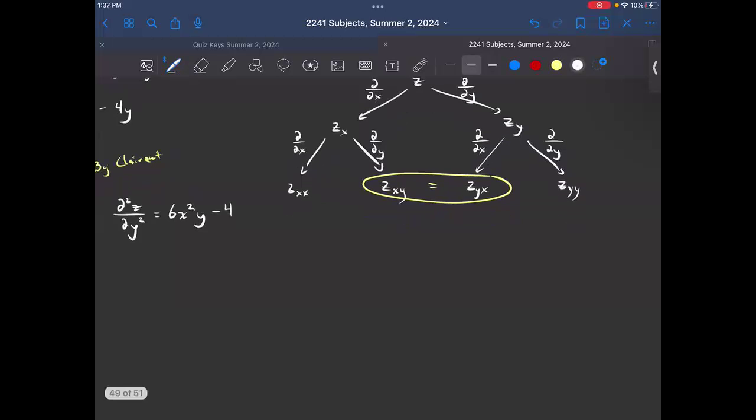We can keep going here. We can do the x and y derivatives of these functions, but things start to get a little messy. So we have zxxx and zxxy.